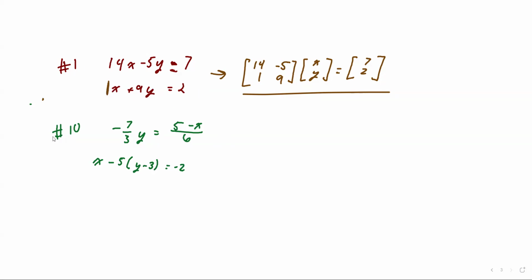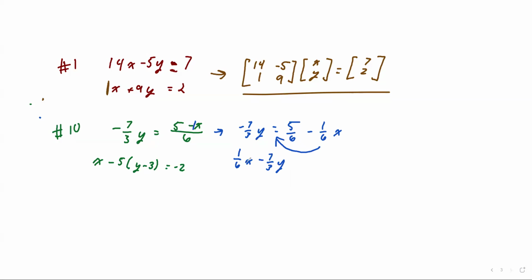So what I'm going to do is just work them out. This is negative 7/3 y equals, I'm going to separate this as 5/6 minus 1/6 x. Again, there's an imaginary one here, so I can separate these, and then now I can add it over. When I do that, I would get a positive 1/6 x minus 7/3 y.